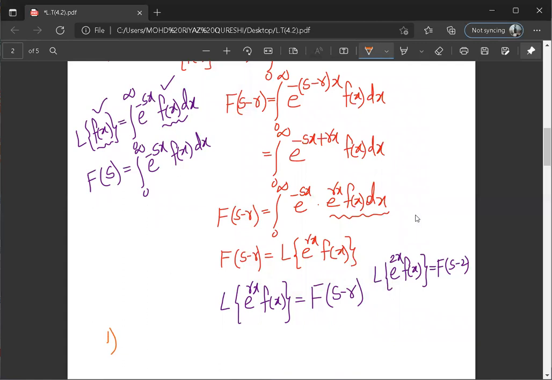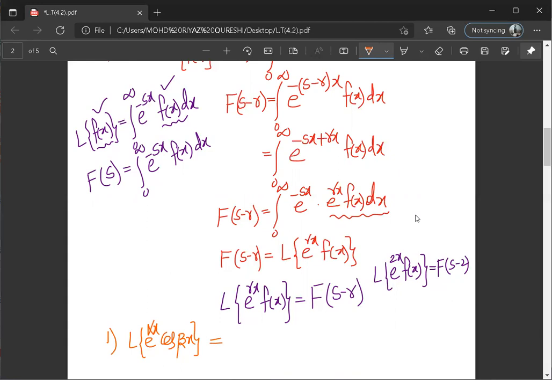Just as an example, suppose we are going to find out the value of Laplace of e to the power of alpha x into cos beta x. Look at this example: e to the power of alpha x cos beta x. Now our f of x value is cos beta x. So what is the answer of this question?